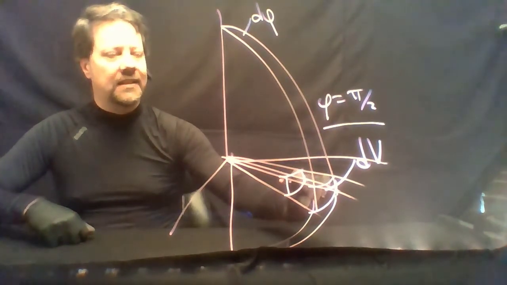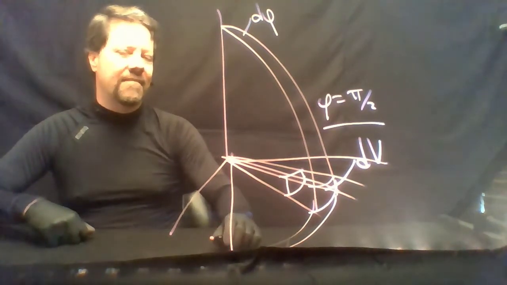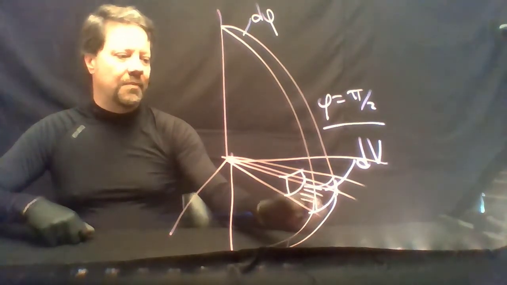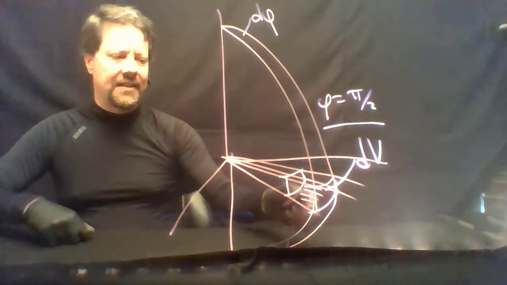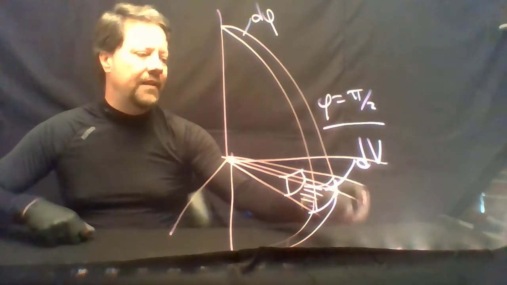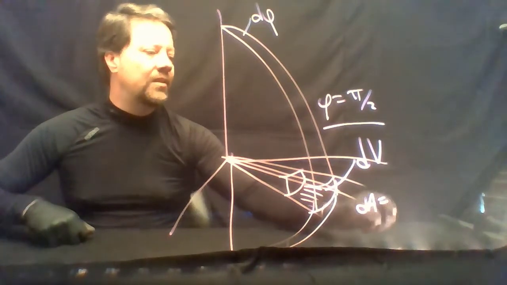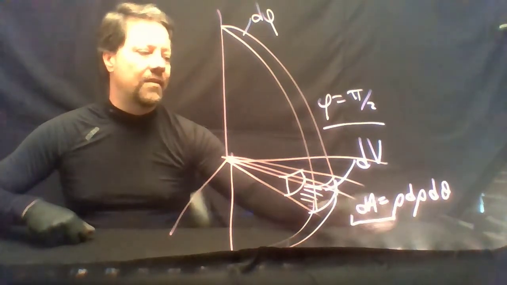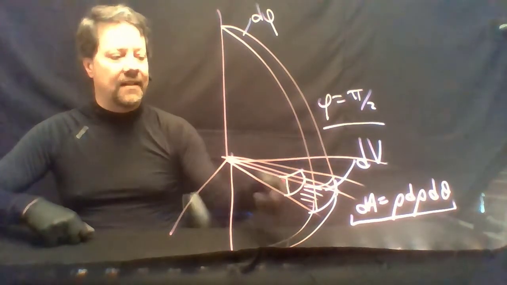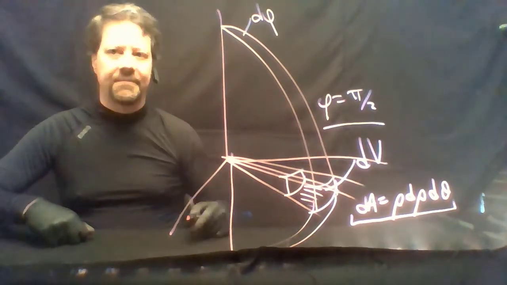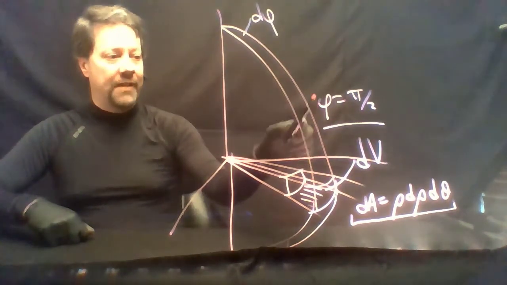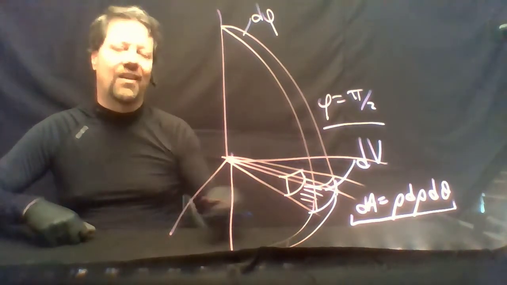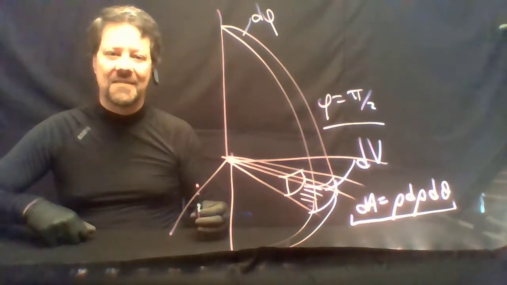So how big is the volume element if we assume that phi equals pi over 2 and we make a little tiny jiggle here in the size of phi? Well, what you do is you take the area of this little piece. The area of that little piece in the xy plane, you'll recall, will be the element of area, which will be rho d theta. As long as phi is pi over 2, that little area will be rho d theta, because when phi is pi over 2, rho will act just like r in cylindrical coordinates.